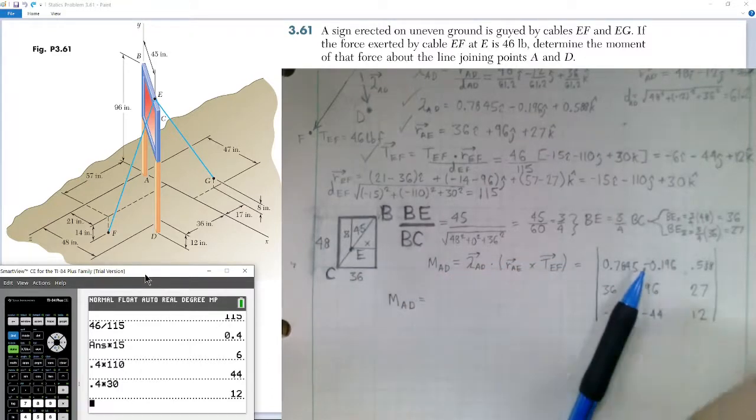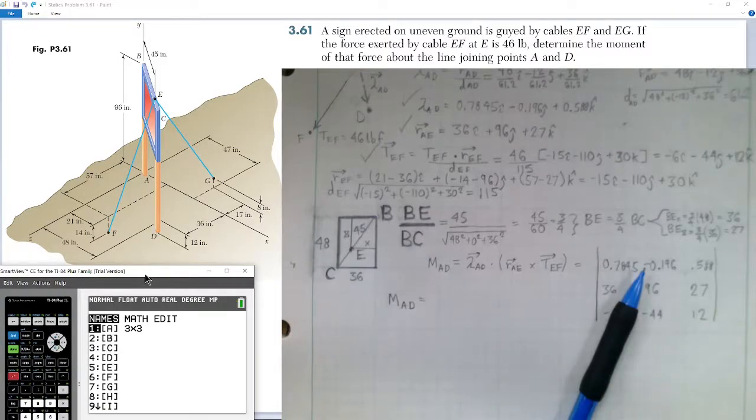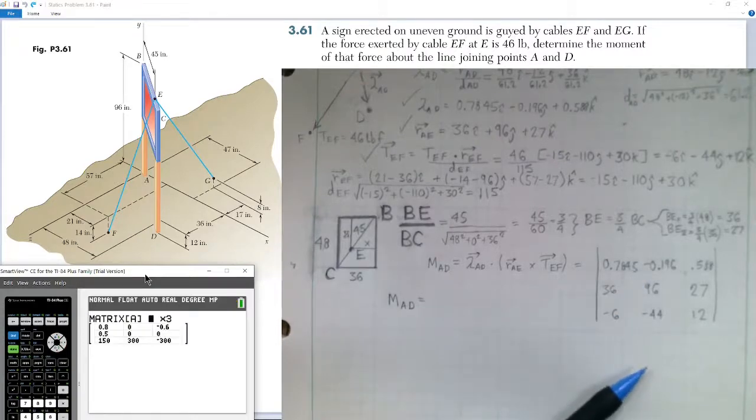So I'm going to go to my matrix, my calculator. We're going to go over to edit. Do the first one, it's already 3 by 3. We need to override these values. So we have 0.7845, negative 0.196, 0.588, then 36, 96.